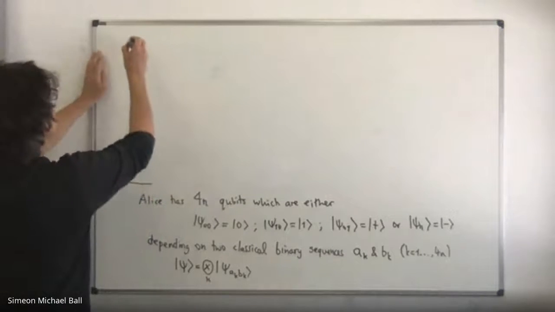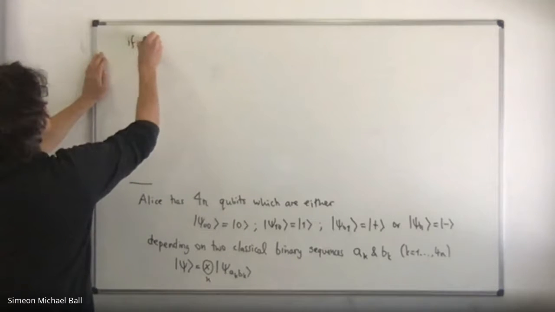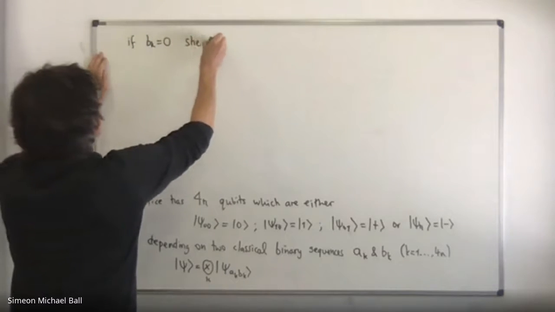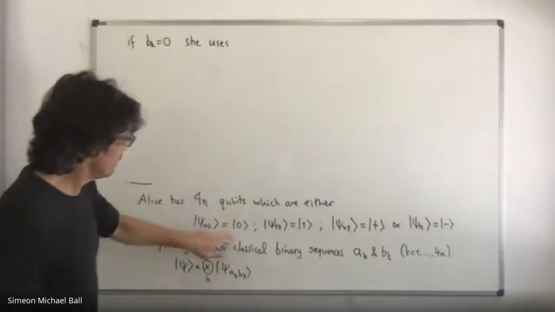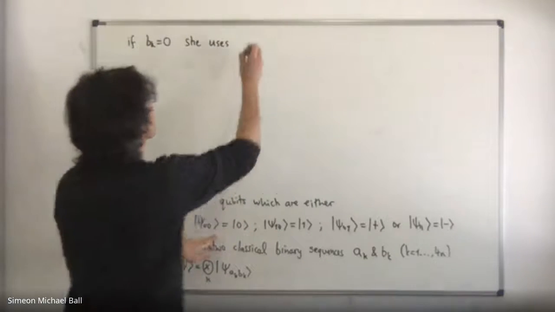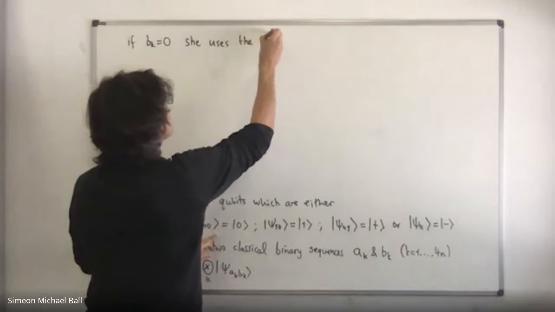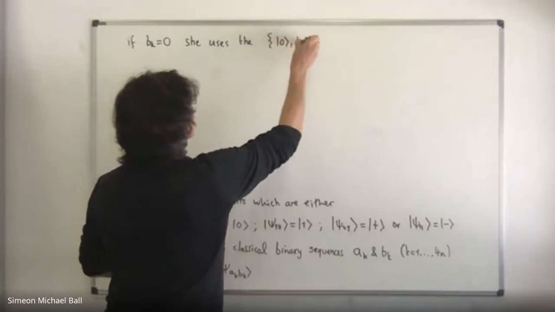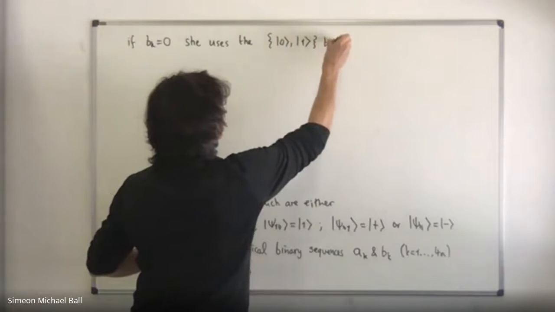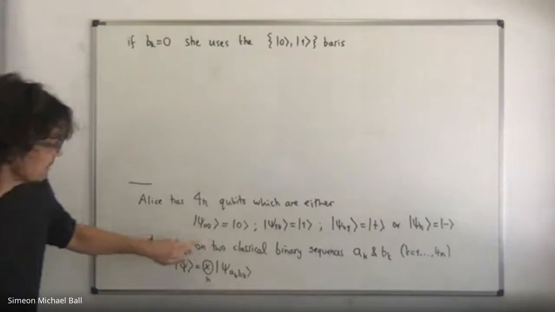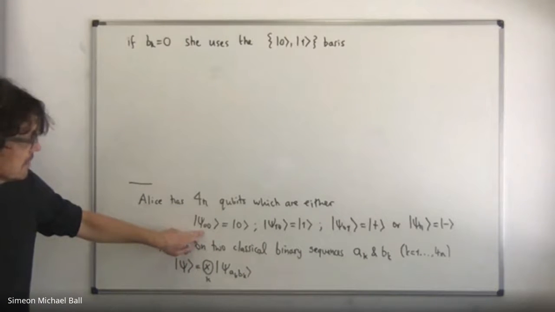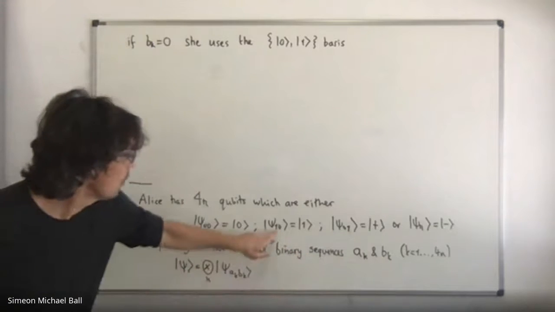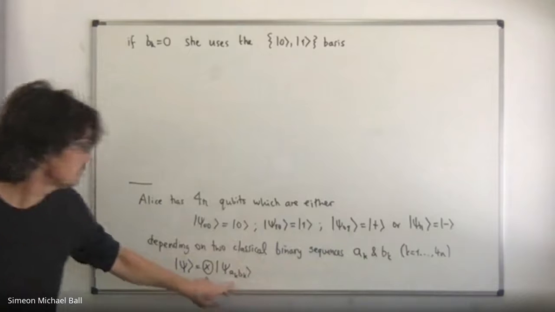So if b_k is 0, she uses the 0, 1 basis, and chooses 0 if, obviously, a_k is 0, and 1 if a_k is 1.